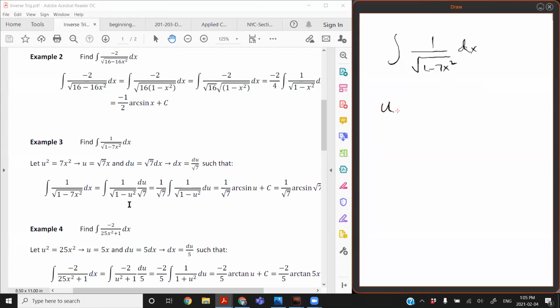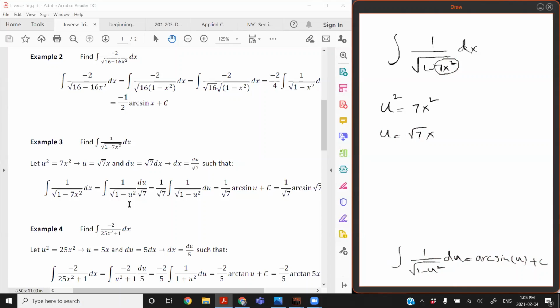I'm going to take u squared to be 7x squared. That is, u itself is going to be root 7x. Make sense? I want this to be replaced with u squared, because if I have a situation like this, 1 over root 1 minus u squared du, then I know this is arc sine of u plus c.